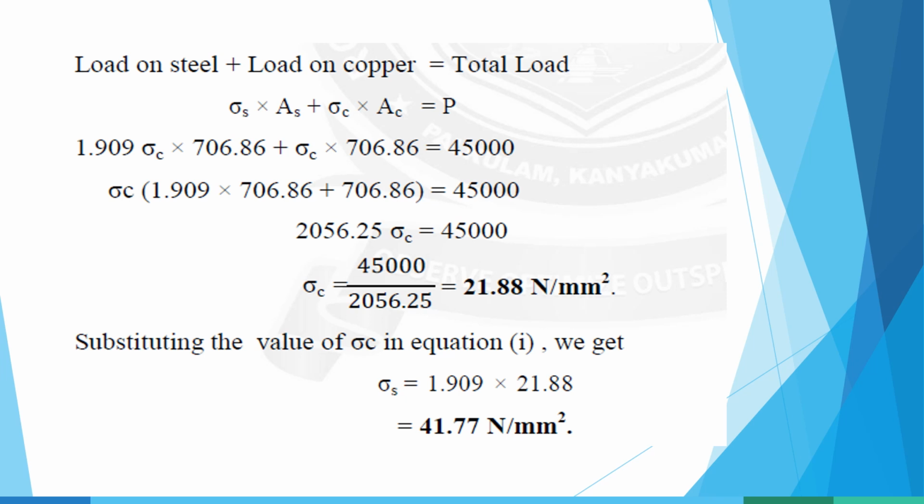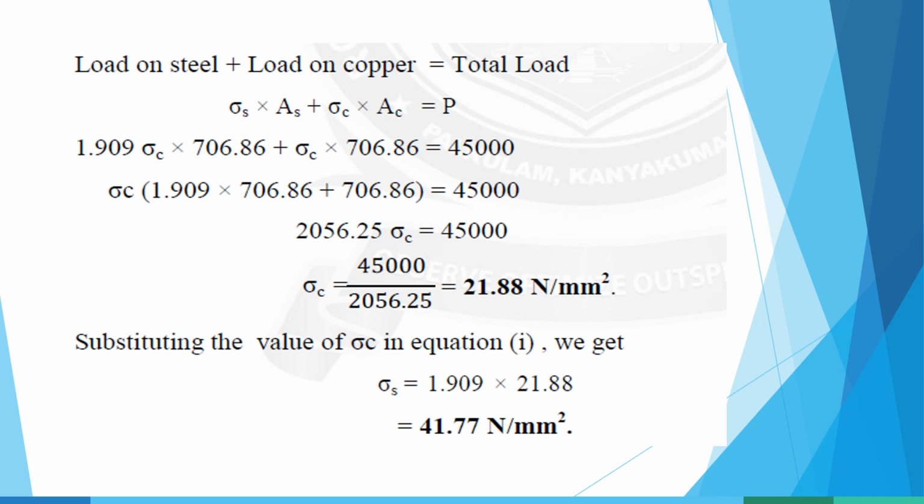Then we simplify, sigma C is common: sigma C into 1.909 into 706.86 plus 706.86 is equal to 45,000. Therefore, we got 2056.25 sigma C is equal to 45,000. Then sigma C is equal to 45,000 divided by 2056.25. We got the value 21.88 Newton per mm squared.